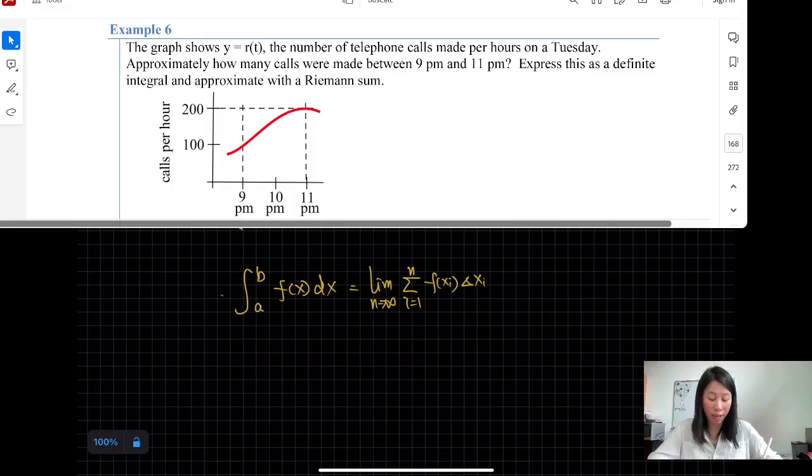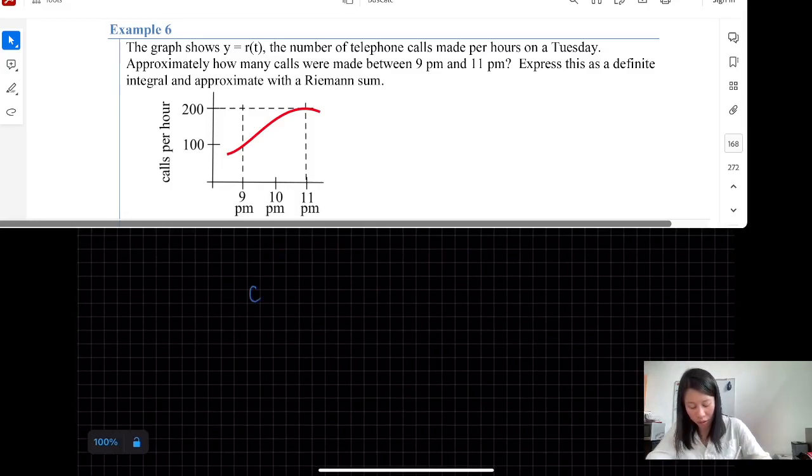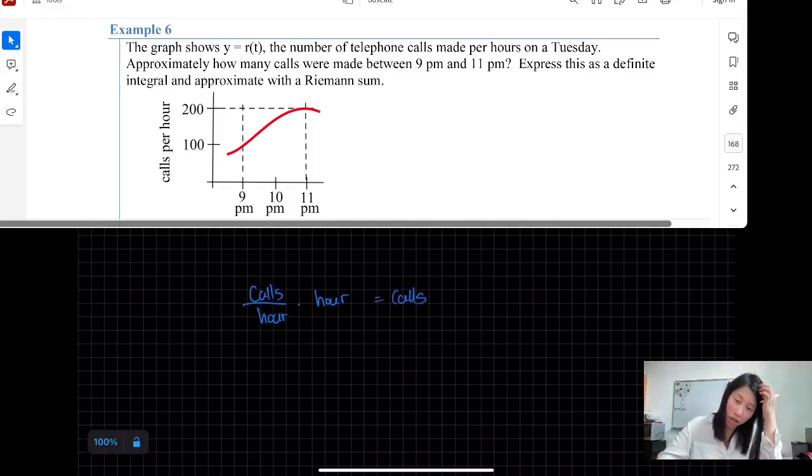So we know the y-axis is calls per hour and the x-axis is hours. If you multiply these two, what you get is the number of calls. So the area represents the total number of calls from 9 p.m. to 11 p.m.